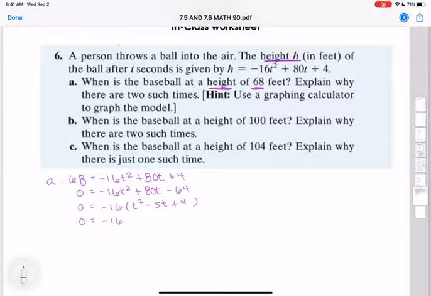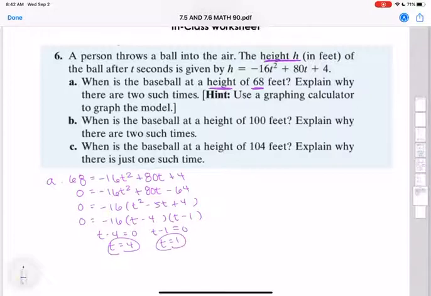So now we're going to factor. Leading coefficient is 1, so I can jump to the shortcut. Two numbers that multiply to 4, but add to negative 5: negative 4 and negative 1. Setting negative 16 equal to 0 wouldn't make any sense, so I'm not even going to write it down. I'm just going to write down the other two here. So t minus 4 equals 0, t minus 1 equals 0, meaning that t is equal to 4, and t is equal to 1.